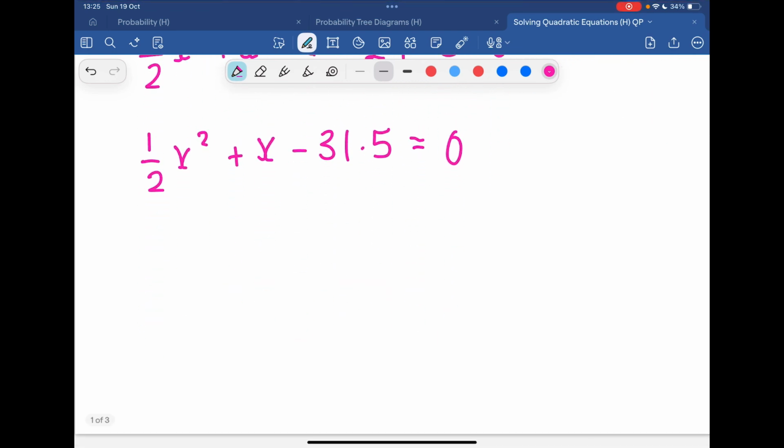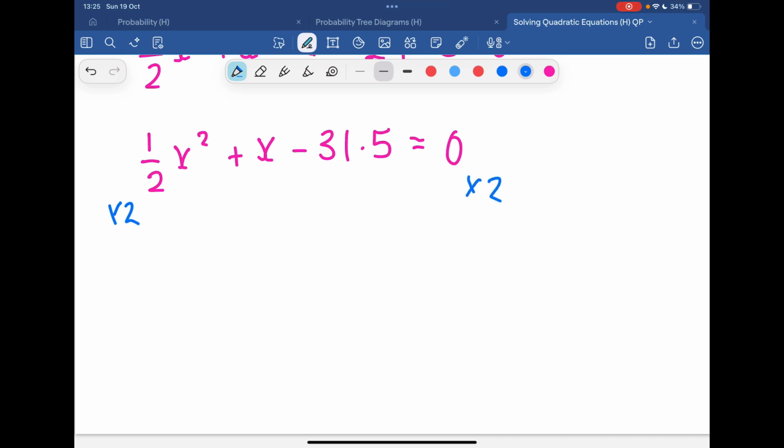Now, this doesn't look like the nicest thing in the world to solve. We've got this factor of a half. We've got, again, this sort of decimal value here. What we can do when we have any equation that's equal to 0, we can multiply both sides of this by 2. And this is still equivalent.